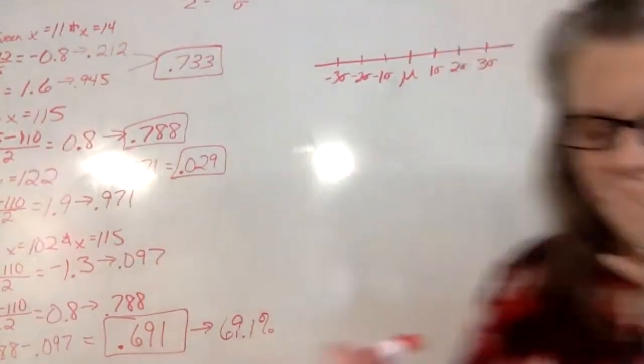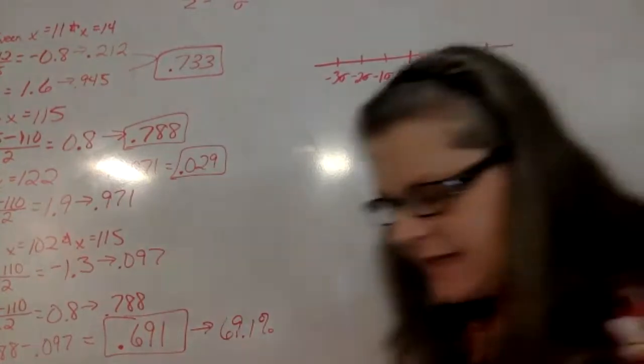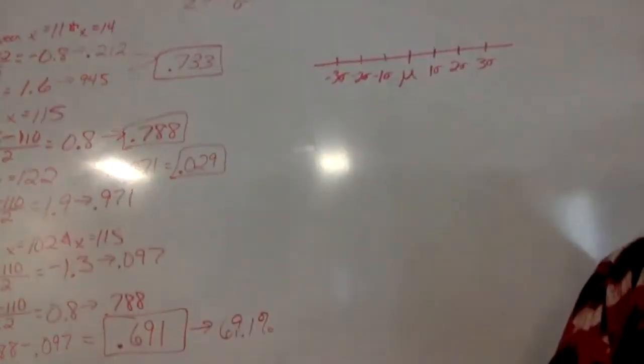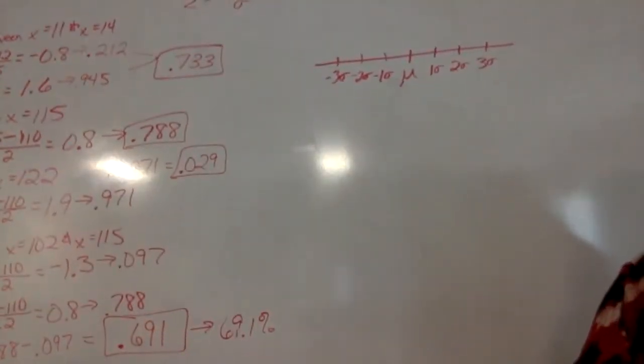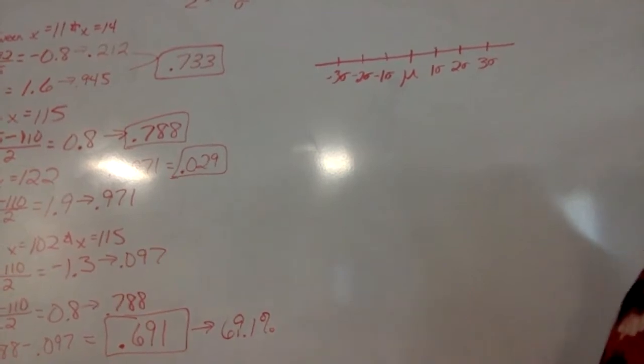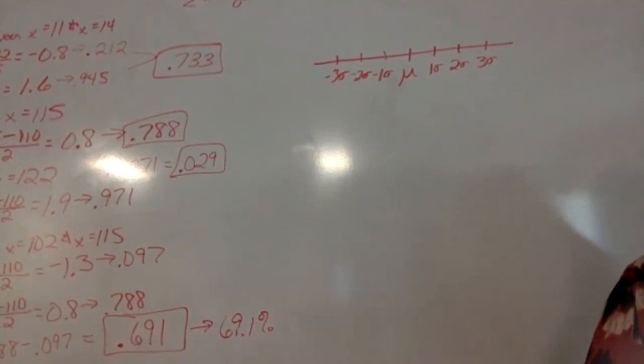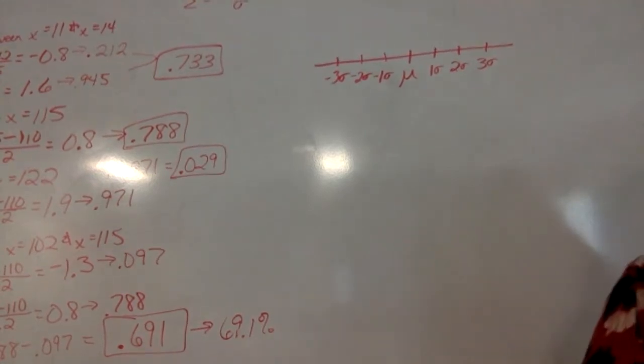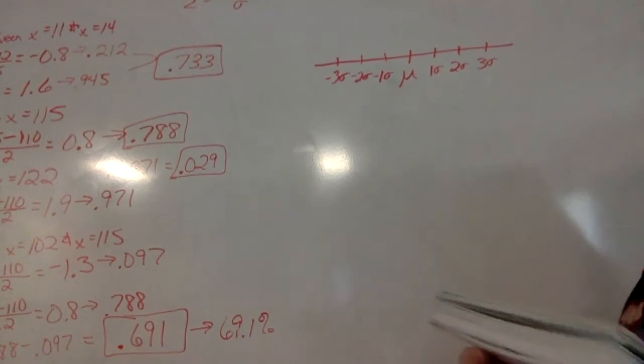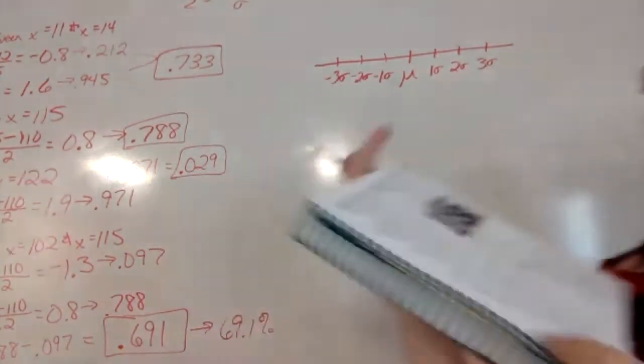Okay, now when we had these, we had some problems that were like this. Let's flip the page and look at a couple of problems like that to make sure you have some examples for the quiz. Let's look at page 577. So 577 is a review.